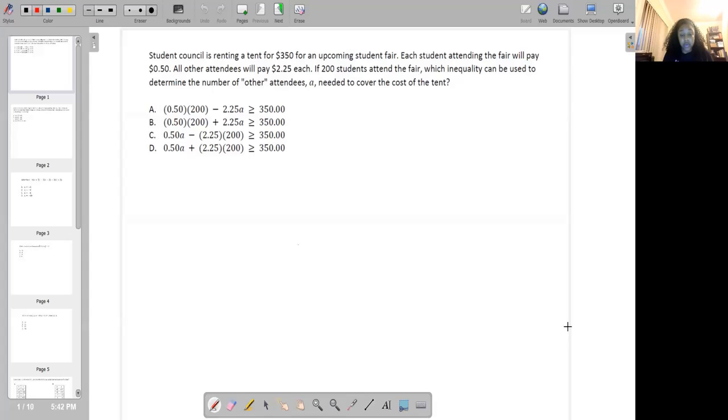So to solve this, you have to understand what it is you need to find. We're told that we have $350 for this tent, and essentially we're trying to figure out how to cover the cost of this tent for this fair. So pull out the information you know. The $0.50 represents the cost per student, right?